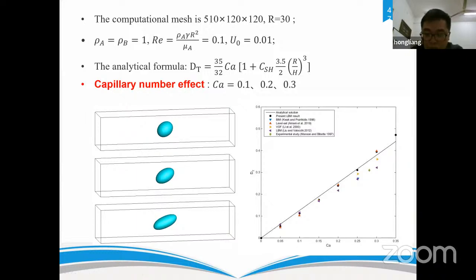From the results it can be seen that it agrees with the analytical solutions, and can be more accurate than some other numerical methods like VOF and level set simulations. Next.